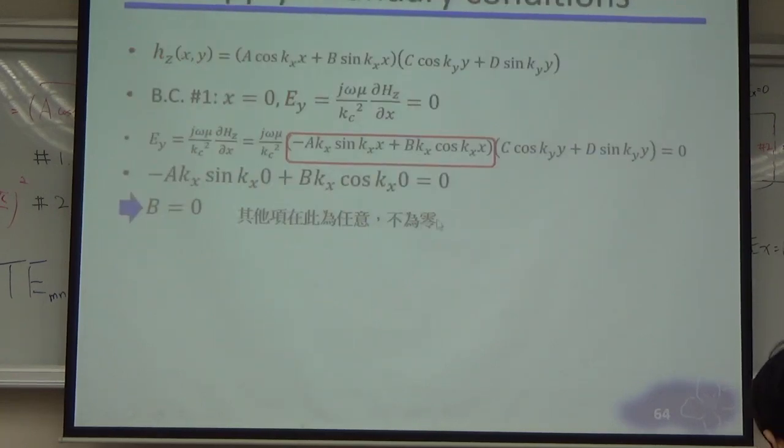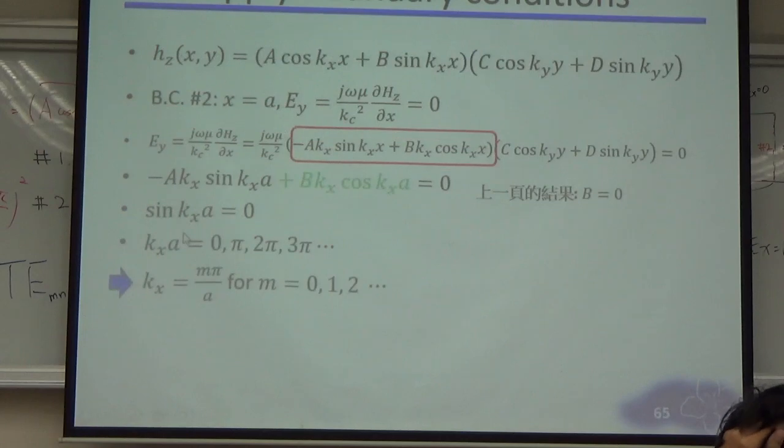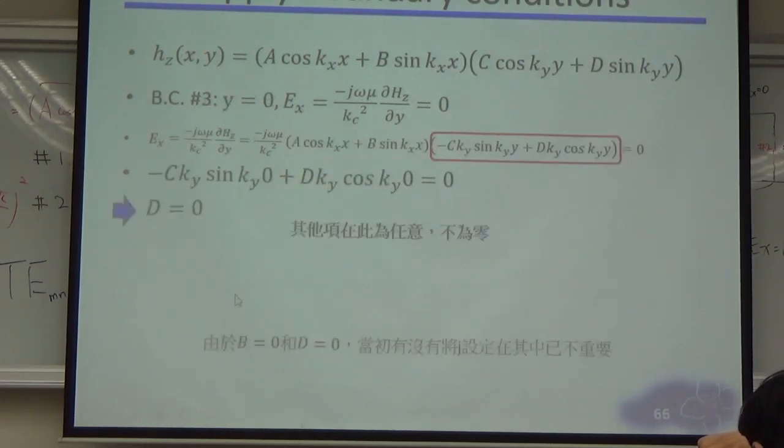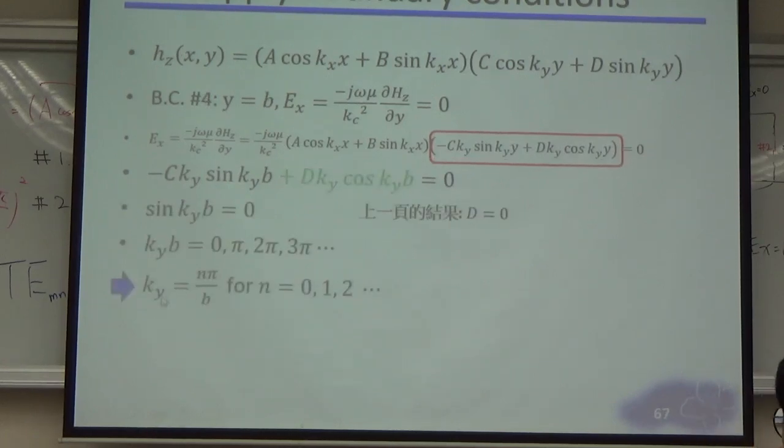You solve these equations to obtain b and d are 0, and for a and c, you want to make the sine term equal to 0. You obtain kx equals m pi over a, and ky equals n pi over b. Small m and small n are the numbers for the TE mode, the different answers.